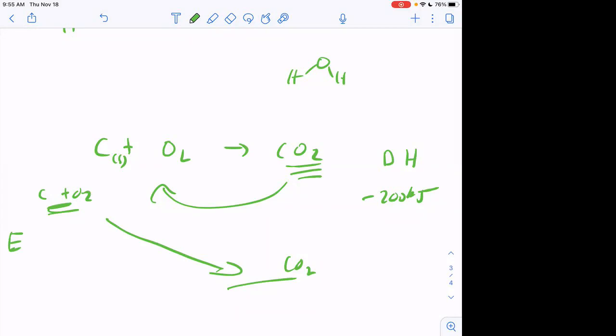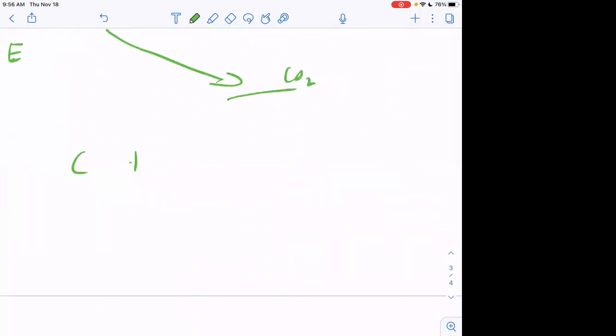But you can look at carbon plus hydrogen going to hydrocarbons, look at different hydrocarbons, and get a feel for the stability of different hydrocarbons, strength of bonds, things like that. But you have to be careful because the reactions are not the same. They're going to be balanced differently.